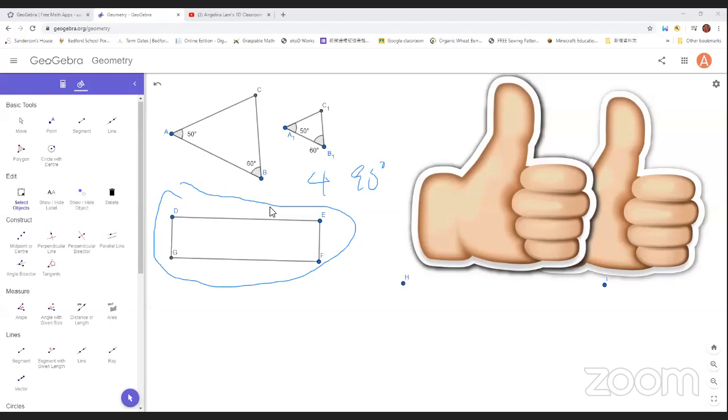It means if I have another quadrilateral which has four 90 degrees, are these figures always similar? Do you know what I mean? If there's another figure which has four 90 degrees, is it similar to this one?